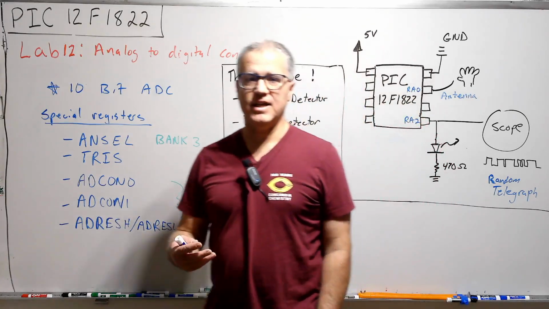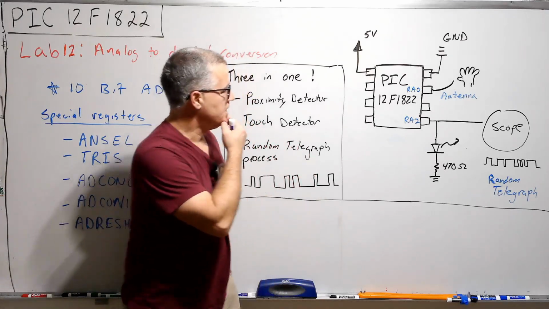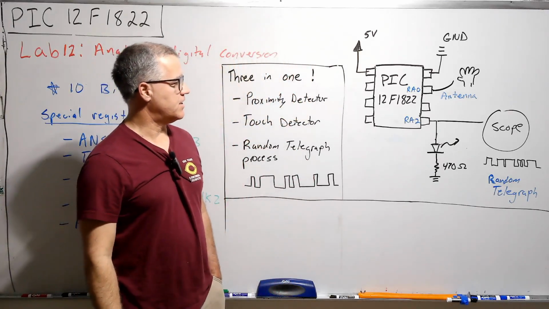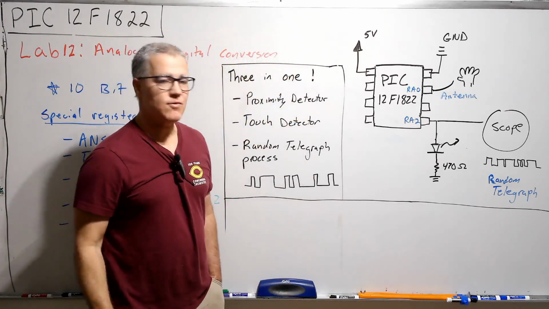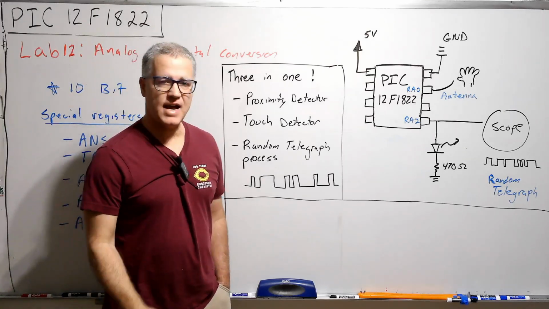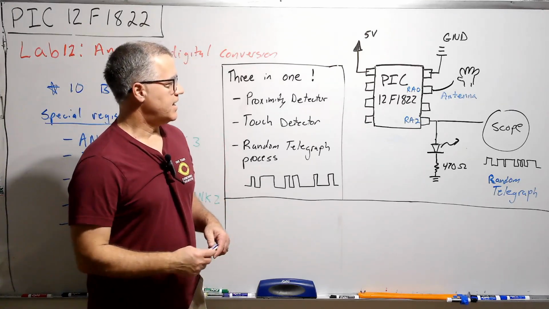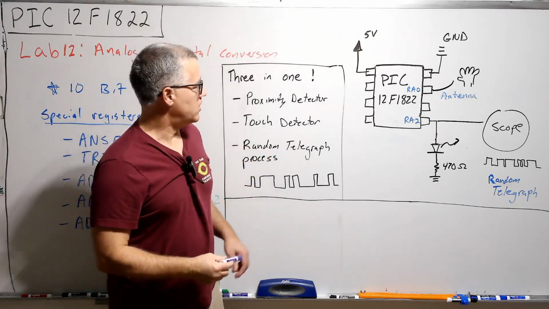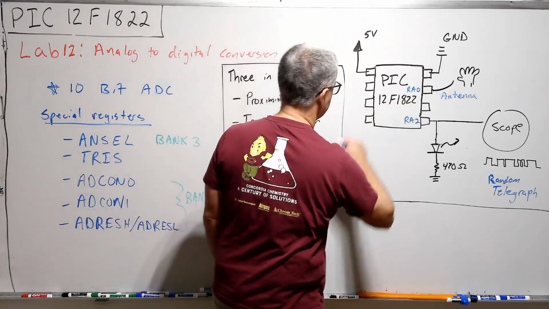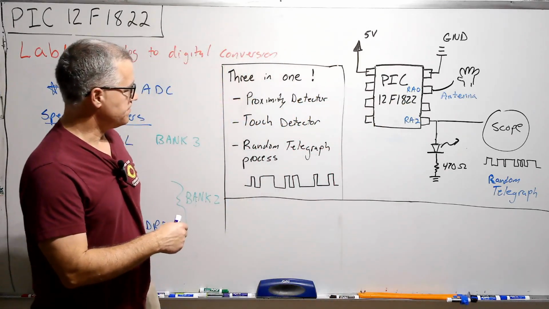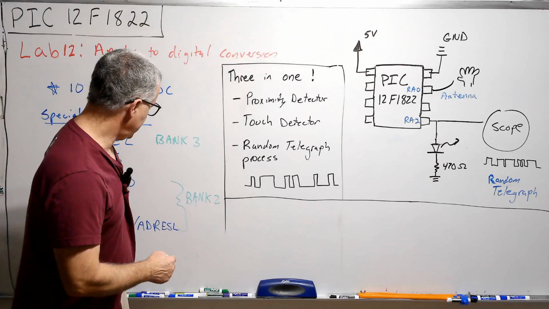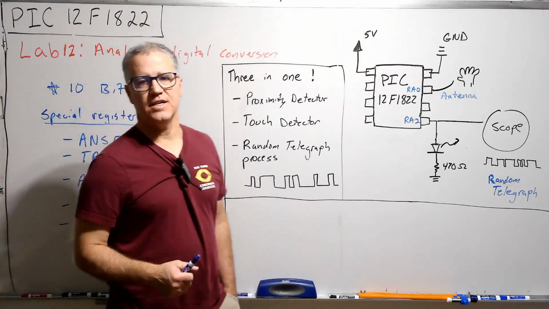Now what we're going to make here is we're going to use RA0 as the analog input, and we're just going to have a wire dangling there acting as an antenna. And so this will be gathering in some noise, and it'll convert that to a digital signal. And then we're going to actually read one of the bits in that signal.